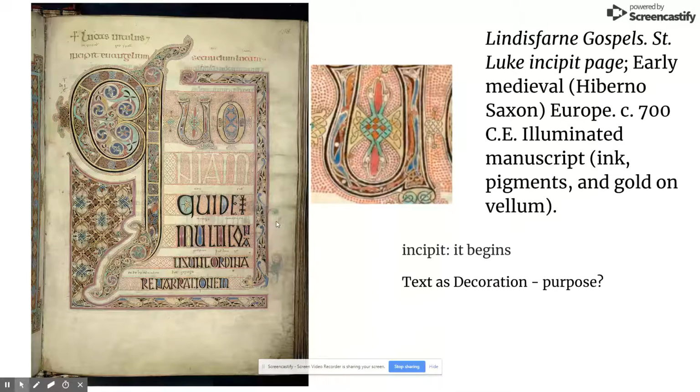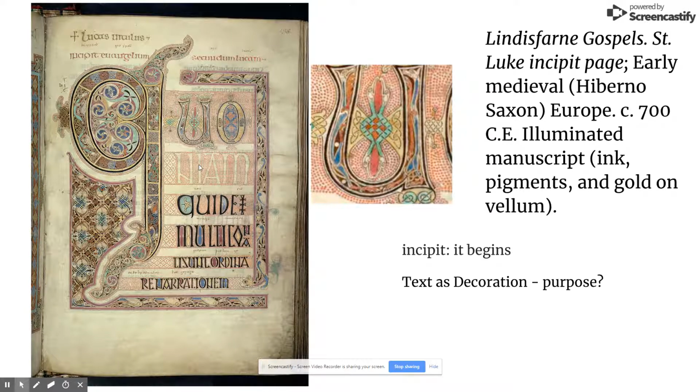They're doing this text in a very detailed way. The text actually becomes a kind of decoration. So you want to think about the purpose of that: looking at it very carefully and appreciating all the detail and effort that goes into the creation of the text will hopefully lead the reader to a deeper contemplation of what the text has to say.